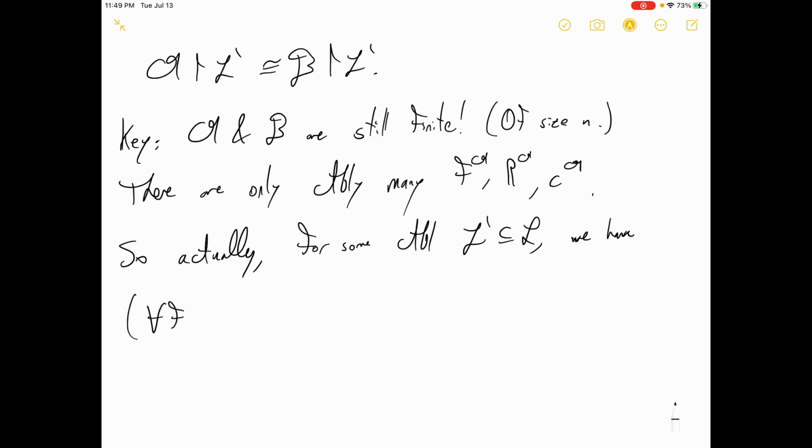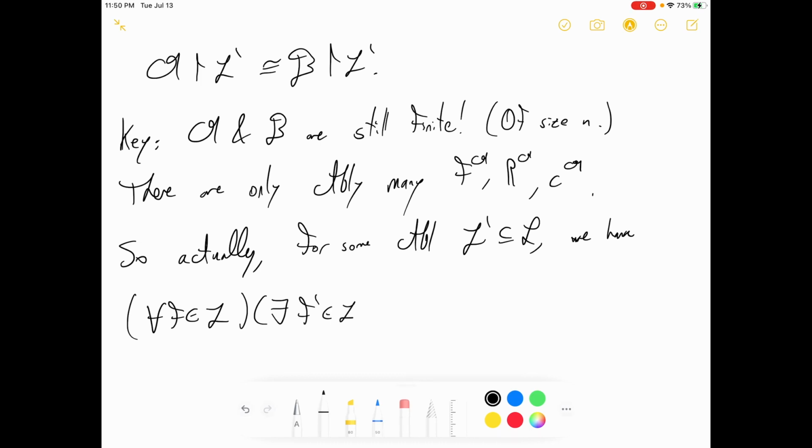I don't know how to exactly say this, but basically, for all f in L, there exists an f prime in L prime such that the interpretations are the same. And the same for relations and constants.